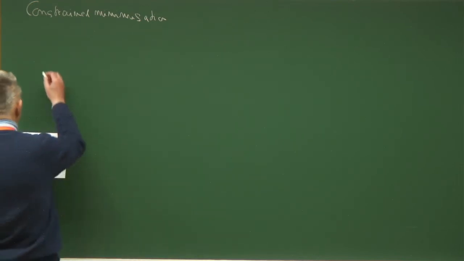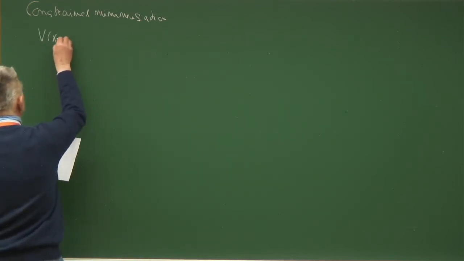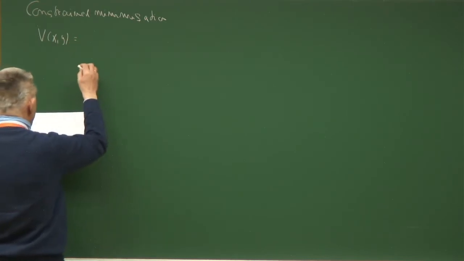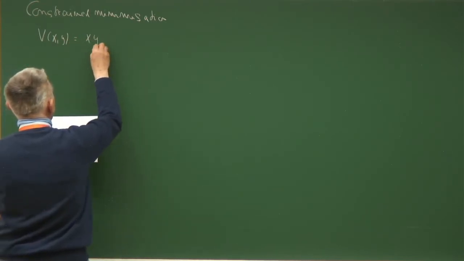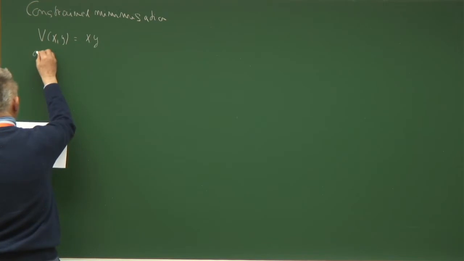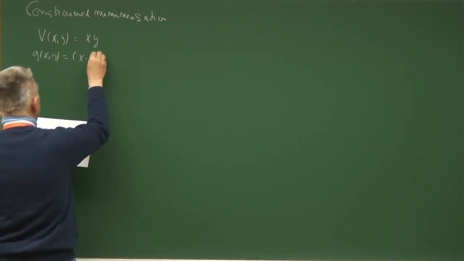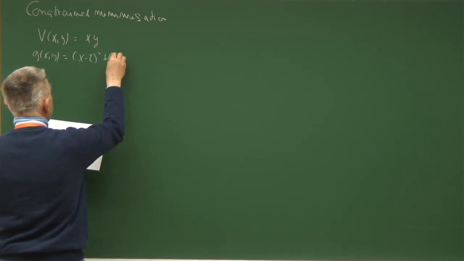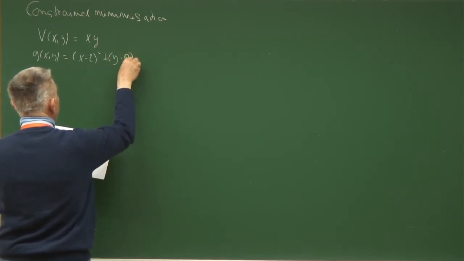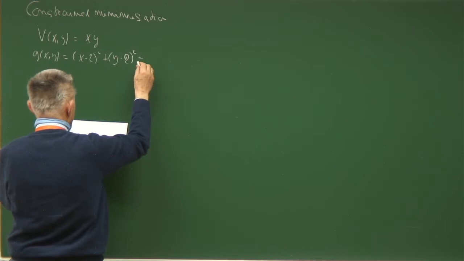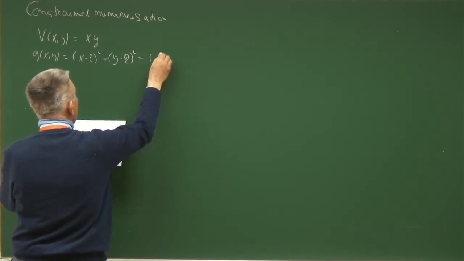And we had an example which I will now repeat. Minimize V(x,y) equals x times y, and the condition was (x minus 2) squared plus (y minus 2) squared minus 1 being equal to 0.